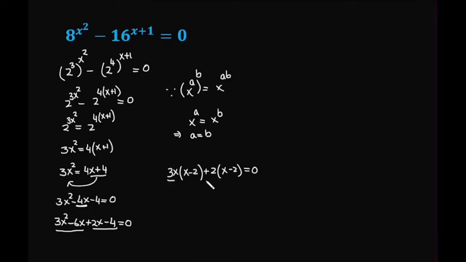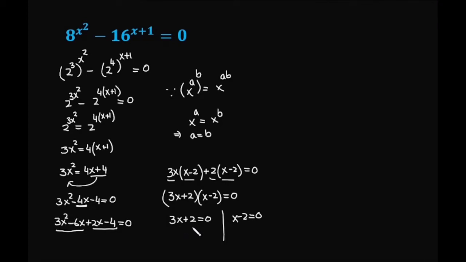Now combine 3x plus 2, and write 1 from x minus 2, x minus 2. This is equal to 0. The multiplication of two factors is equal to 0. Now there are two cases: either 3x plus 2 is equal to 0 or x minus 2 is equal to 0.